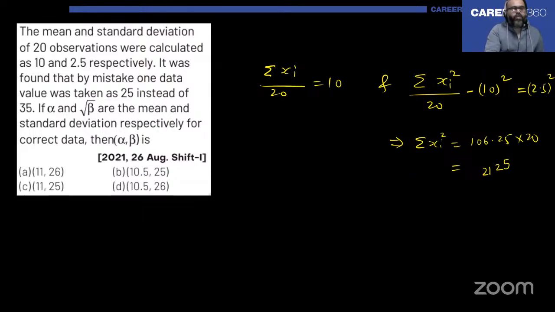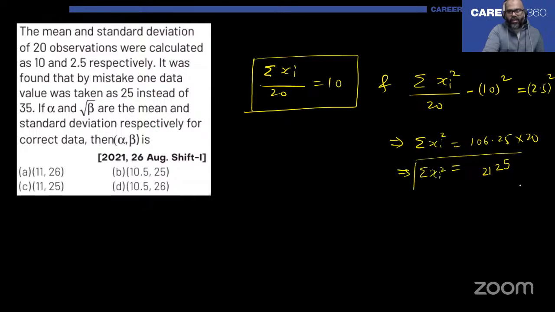This is one relation, and this is another relation. It is found that by mistake, one data value was taken as 25 instead of 35. If alpha and root beta are the mean and standard deviation respectively for the correct data, then alpha beta is?